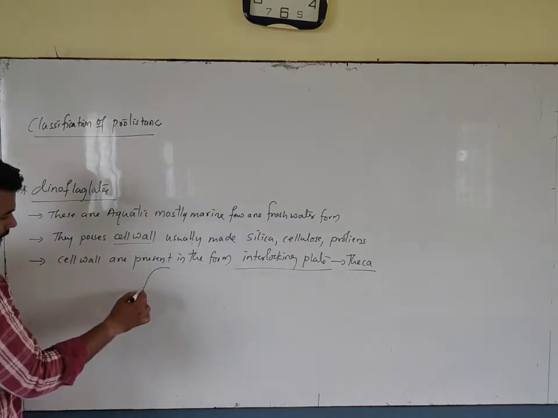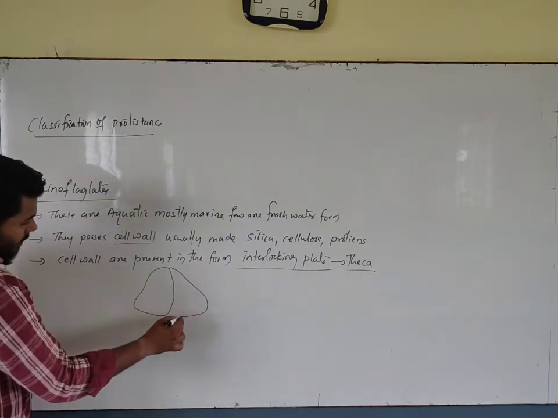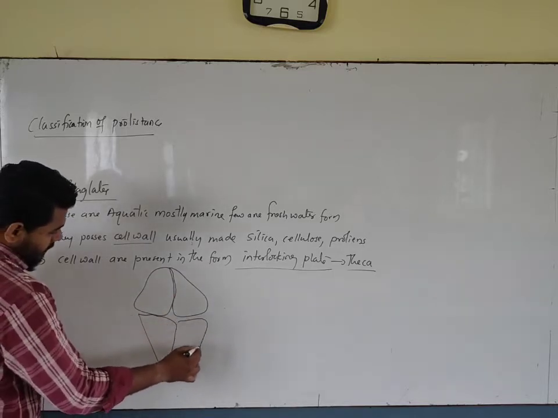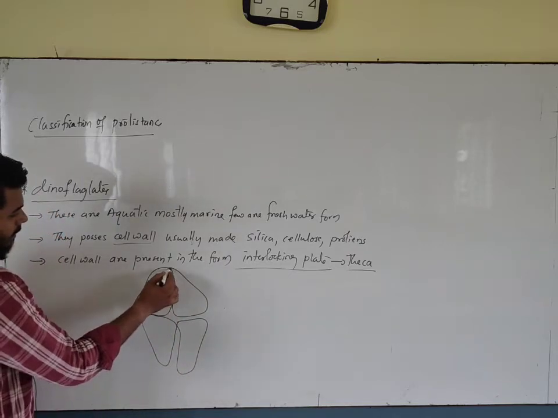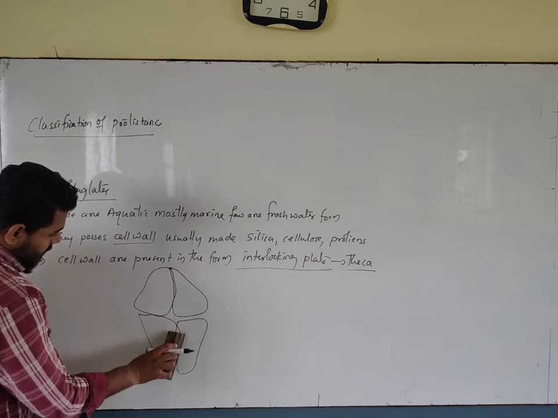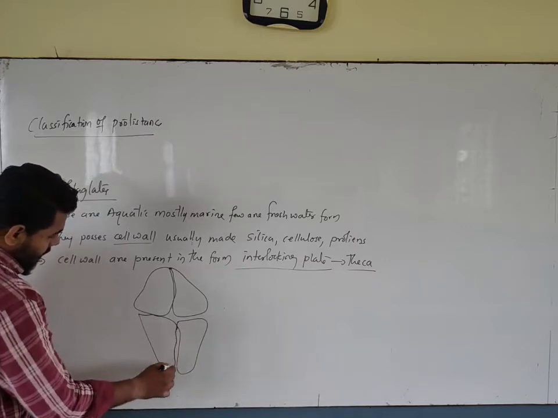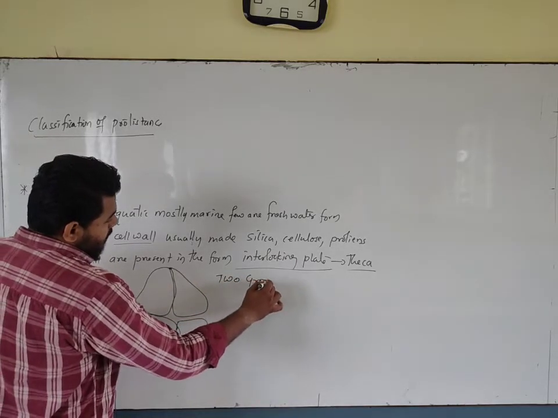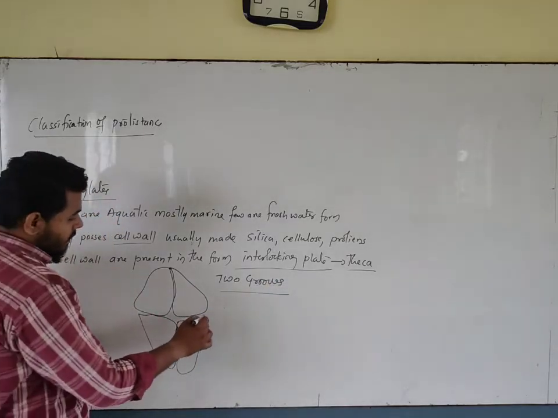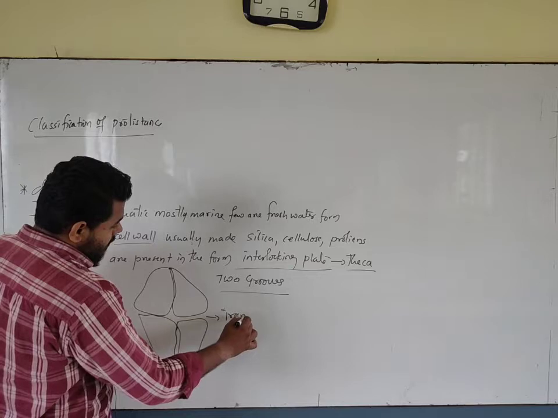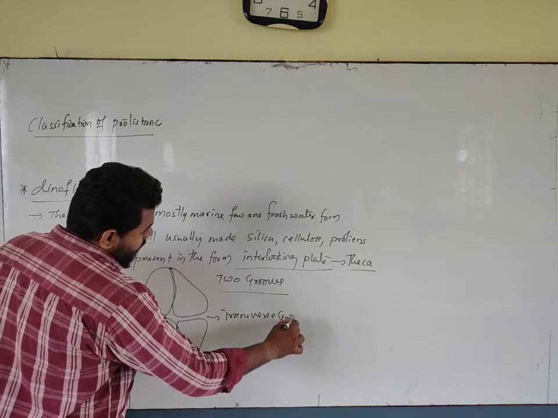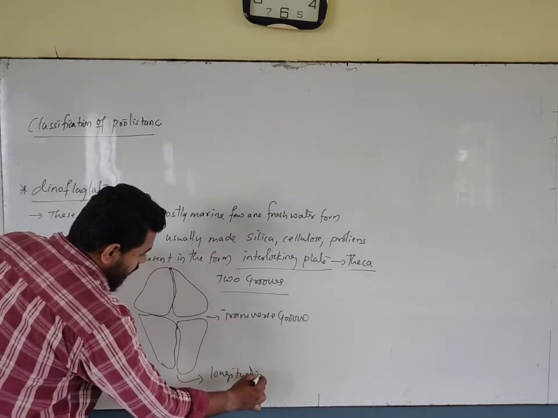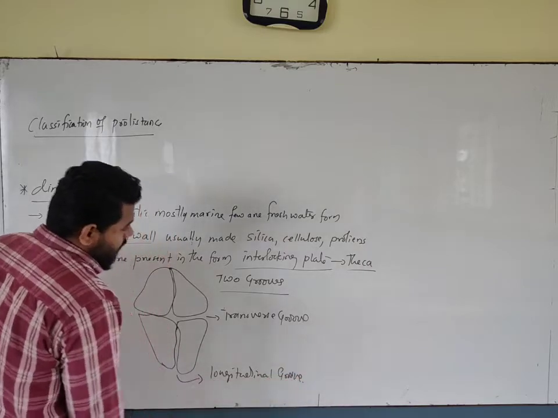So you can take a simple example of a dinoflagellate. They contain two groups, the transverse group and the longitudinal group.